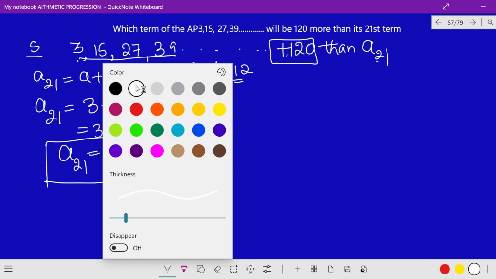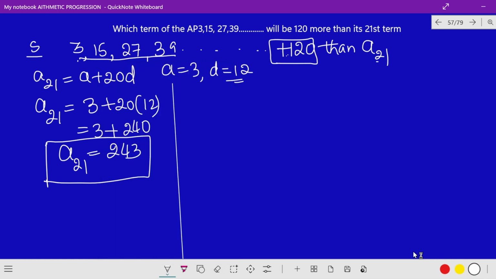Then next, after finding the 21st term, we have to see the term which is 120 more than the 21st term. So some an is there which is 120 more than the 21st term.